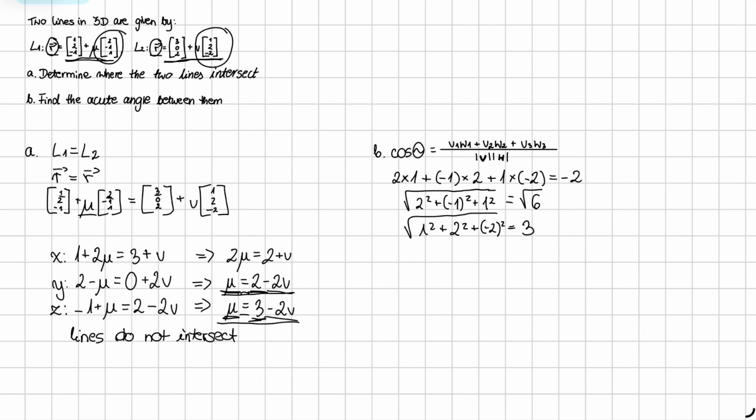So these are our magnitudes, and now we can substitute everything into our equation. So we have negative 2 over 3 times square root of 6. So we can either solve it in solver or rearrange it, so cosine to the power of minus 1 of negative 2 over 3 times square root of 6, and from this we have angle 106 degrees.